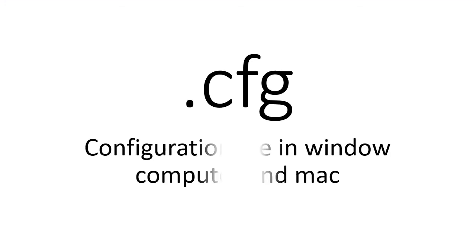Next to it here we have the .cfg. This is used for configuration files on Windows computers and Macs. If you have a Mac or a Windows computer, you will find this identical file extension, which is for configurations.